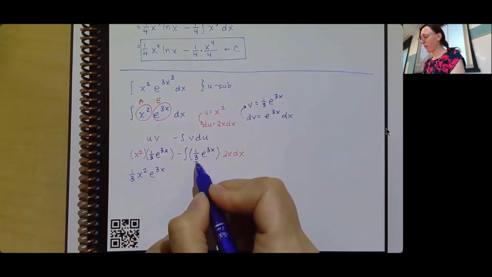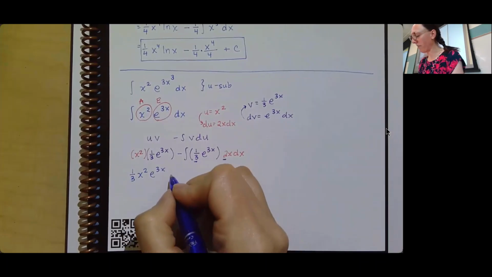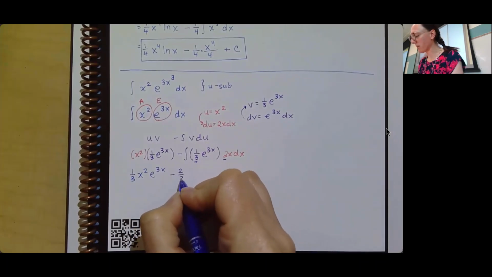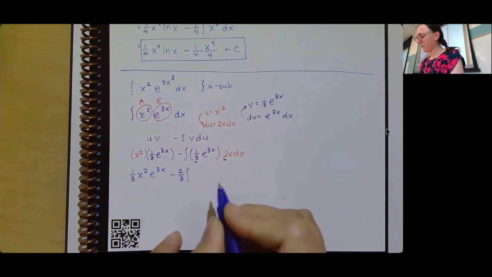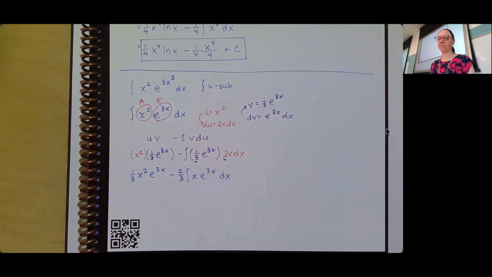I'm going to take the 1/3 and the 2 and pop them out in front, so I'll have minus 2/3 times the integral of x e to the 3x dx. So I look at my remaining integral and I ask myself, hey, does the derivative of one part equal the other part? Sadly, no. So I'm going to have to integrate by parts again.